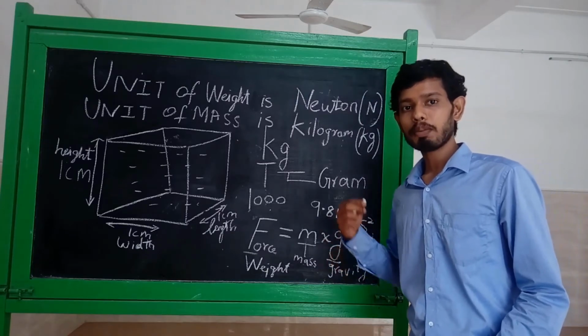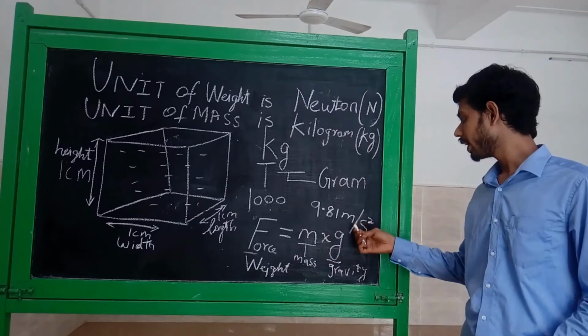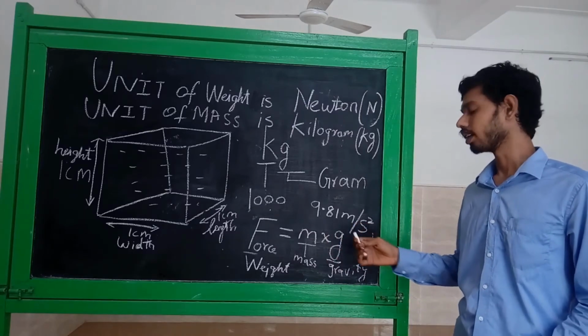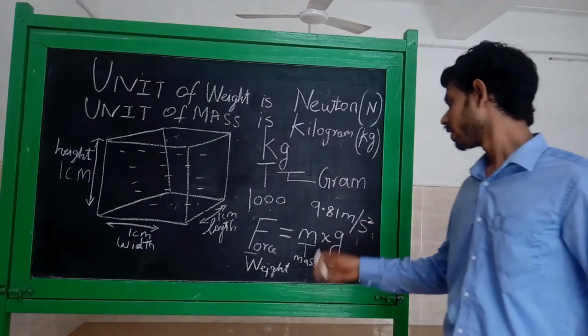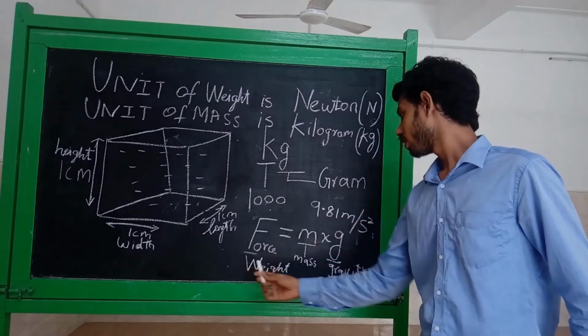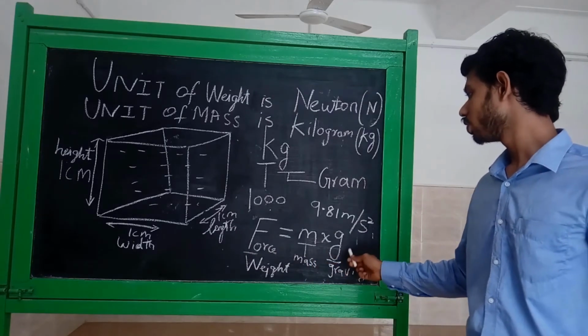The gravitational pull of Earth is 9.81 meters per second square. This is the acceleration due to gravity. The force is equal to mass into acceleration due to gravity.